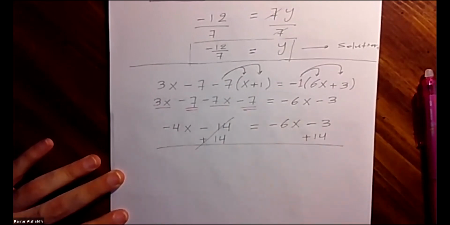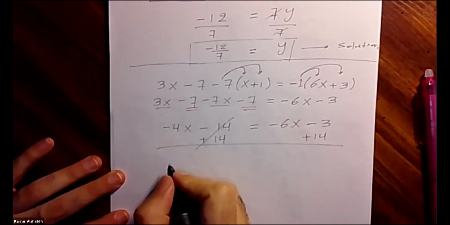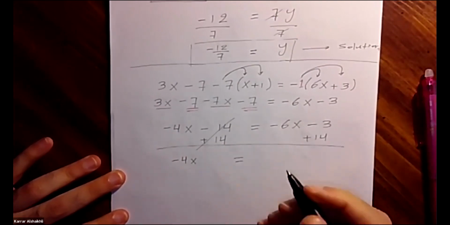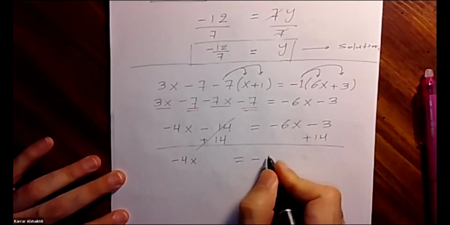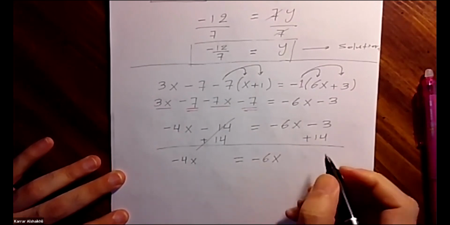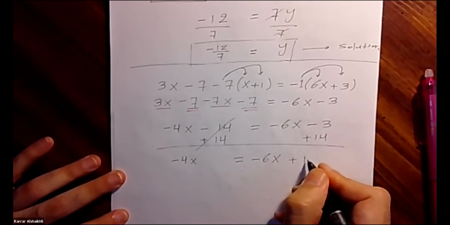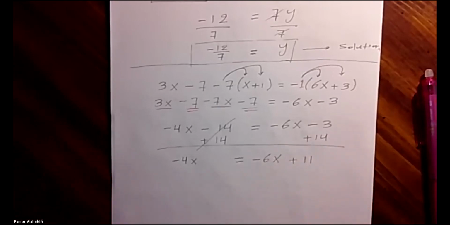This is 0. The leftover here is negative 4x equal. The leftover here, negative 6x. Negative 3 plus 14 is going to be plus 11. Positive 11, so I'm going to write down plus 11.